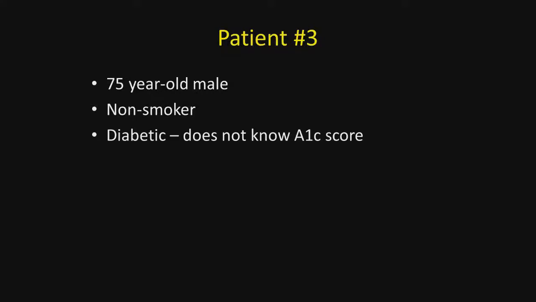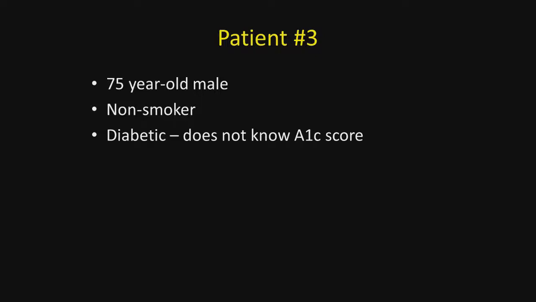Now let's look at patient 3, a patient who is going to be much more difficult to motivate. And let's see why. We're dealing with a 75-year-old male who doesn't smoke and is diabetic, but does not know his A1C score and refuses to have the A1C score done in your office.